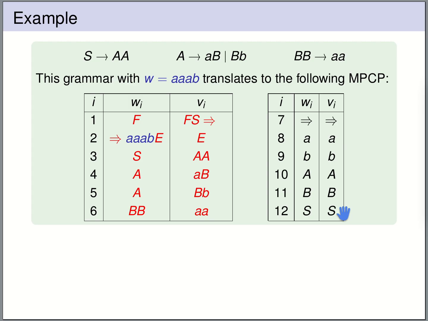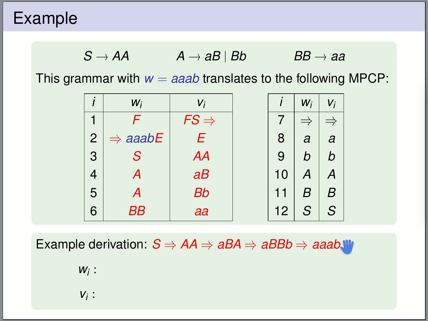So this is our modified post-correspondence problem, and the theorem says that this modified PCP has a solution if and only if this word AAAB is in the language generated by the grammar. So let's have a look.